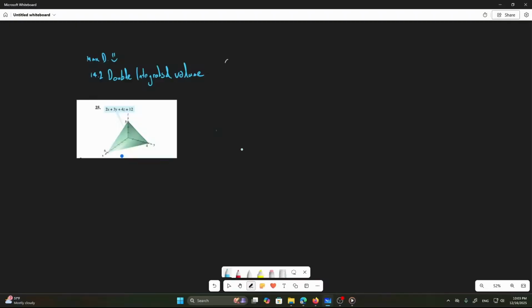All right, so here I have an example to give you an idea of how we use iterated integrals, or double integrals, to calculate the volume. We have this plane with the equation 2x plus 3y plus 4z equals 12.